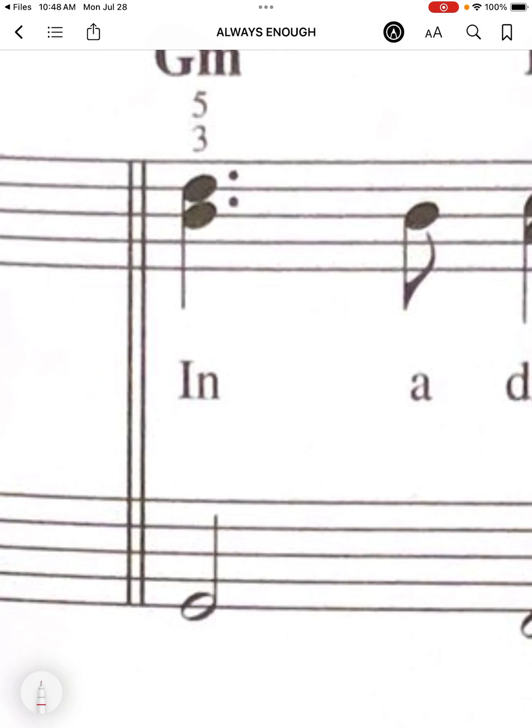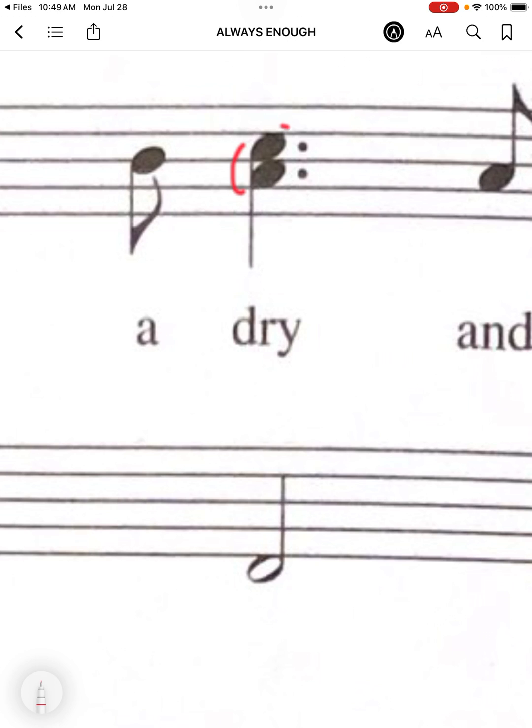So for this one, when it starts the first verse, I'm going to call this a third, by definition. And then these two right here are also going to be thirds.